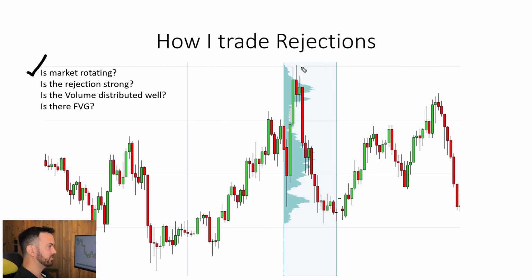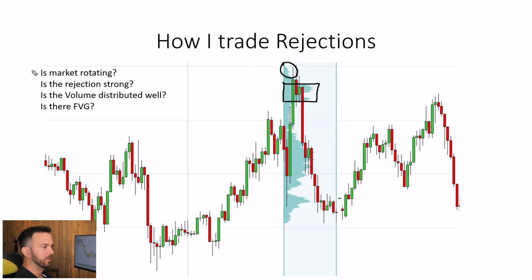Is the rejection strong? Look at the high. Is it strong or no? There's this clear high, right? High of this candle. So yeah, it is a strong rejection, so that's good as well. Now, let's check out the volumes. Are the volumes distributed well? We have this heavy volume zone right here, very good looking, and above that, low volume zone.